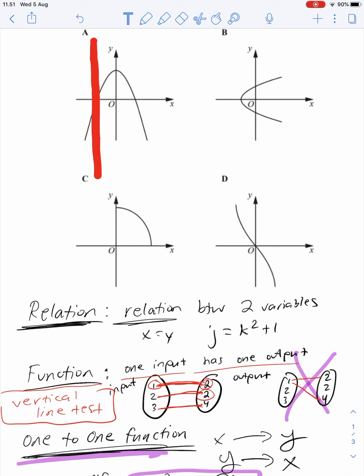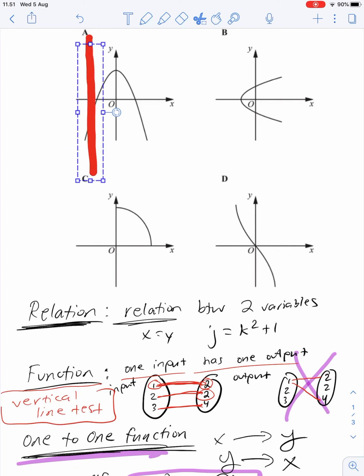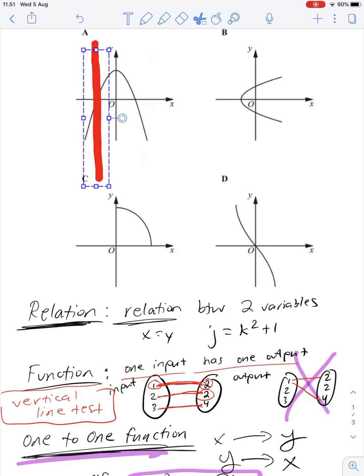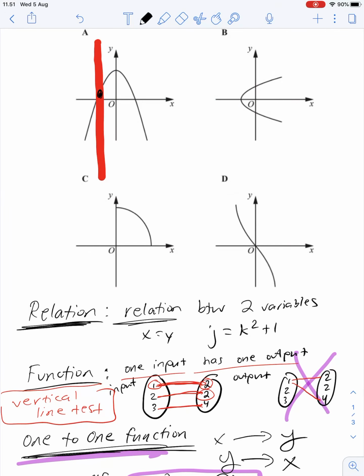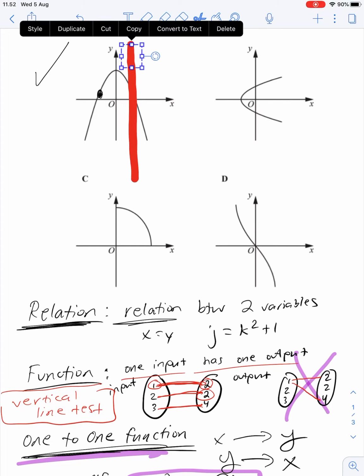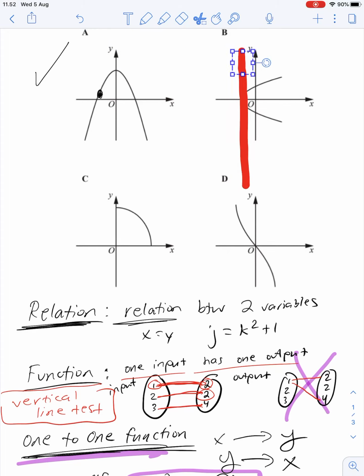If I just take this line and drag it across the graph, if it just crosses the graph in only one place here, then it is a function. Notice it only crosses it in one place. But if I come over here to this function, notice it crosses it in two places, one here and one here.